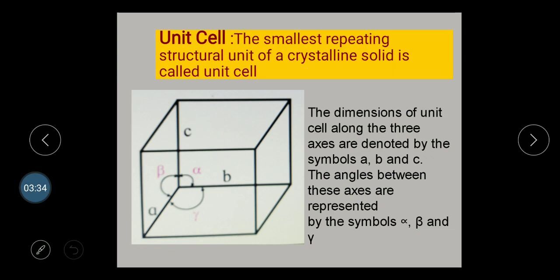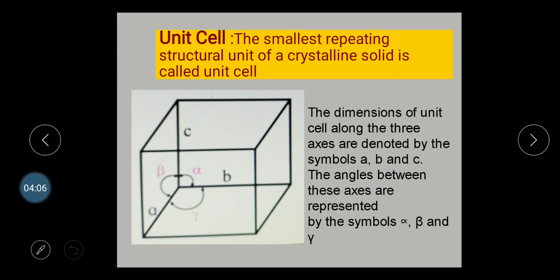From the outside it appears to be a huge box, but inside this huge box there are small identical boxes. Each individual box has the same structure as all the other boxes.